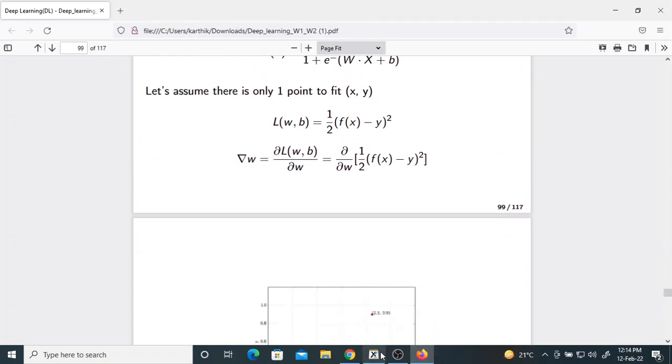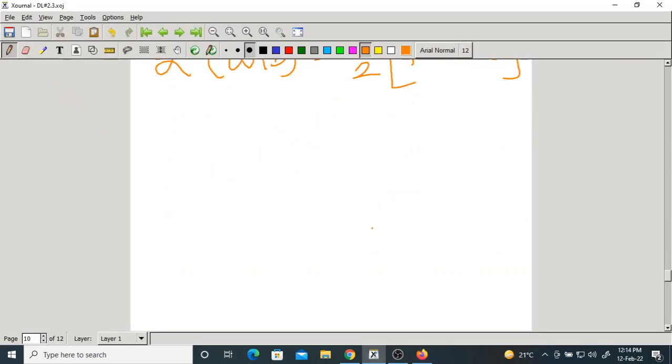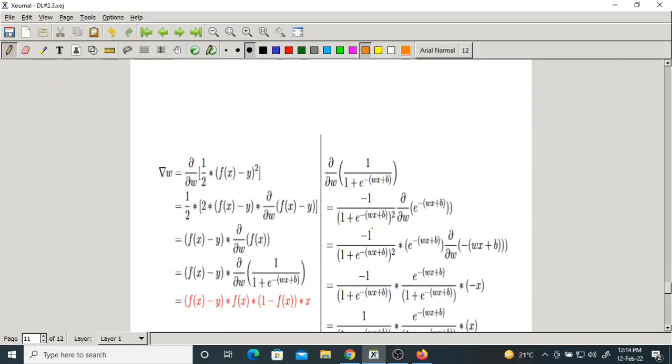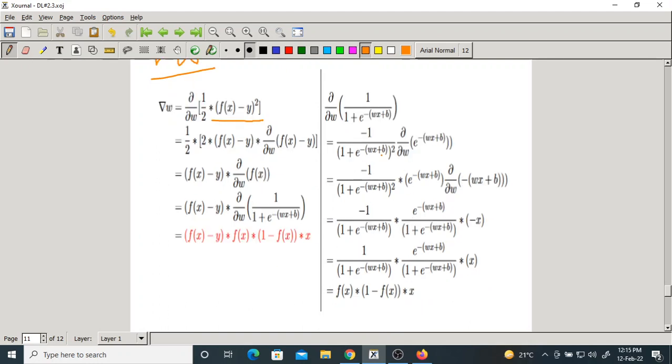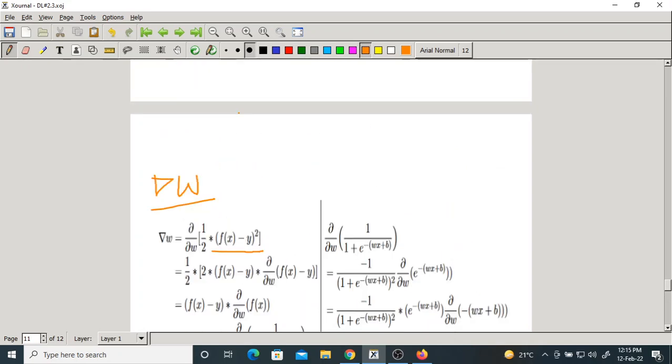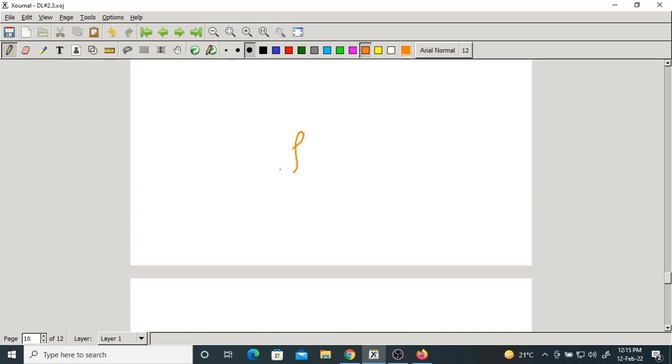Now we have to find the partial derivative with respect to w. I want to find del of w, which means it is a partial derivative, not exactly the gradient. This is the loss function. Something whole square: suppose f of x equals x square, what is the partial derivative?